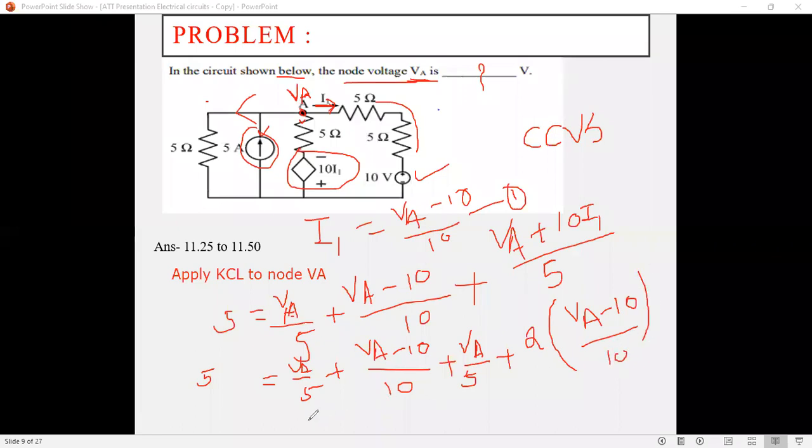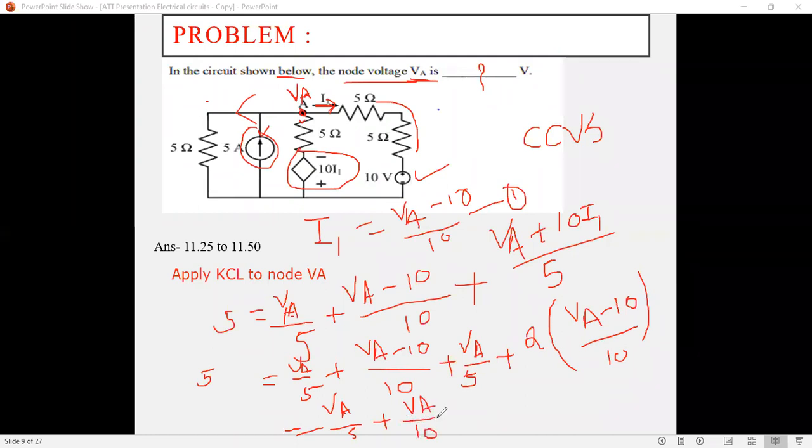Okay, so see, do the multiplication of 2 in the bracket, that is VA divided by 5 plus VA divided by 10.